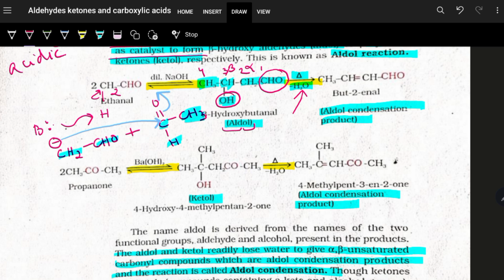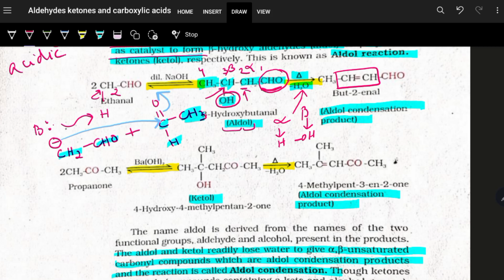See, this carbon is the alpha carbon because it has the functional group CHO. It is directly attached to the functional group. So this is your alpha carbon. Next to it is the beta carbon. So there is alpha beta elimination. From the alpha carbon H will go, from the beta carbon OH will go, and between alpha and beta there will be a double bond.